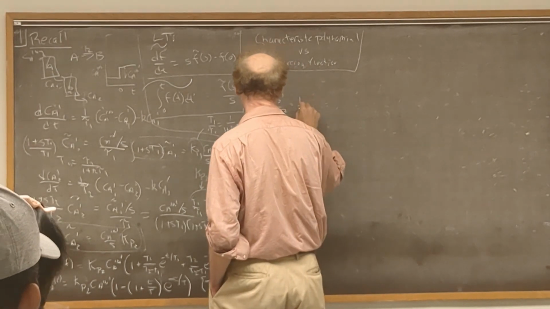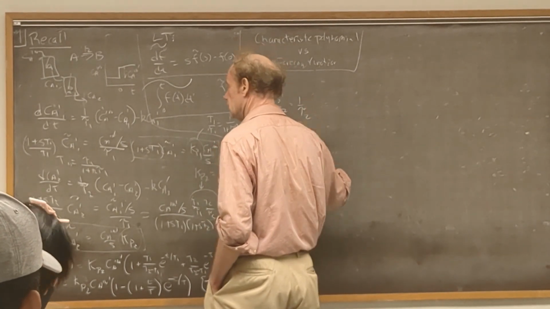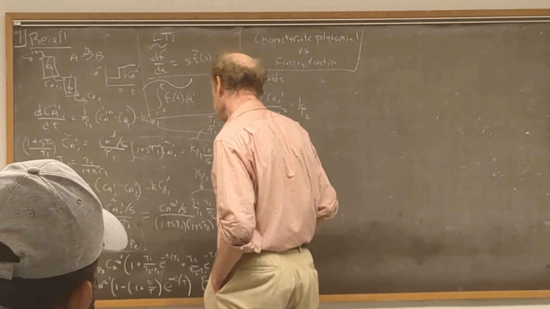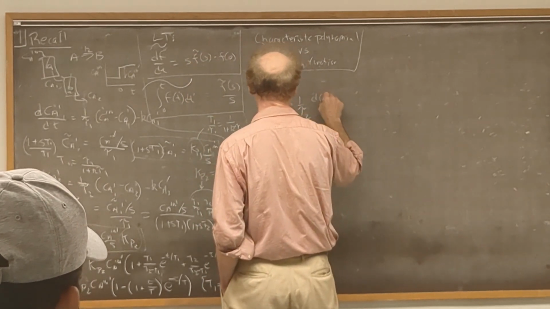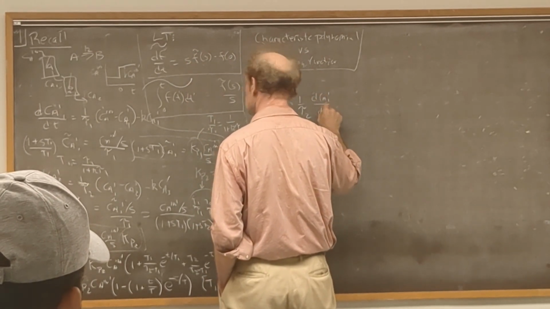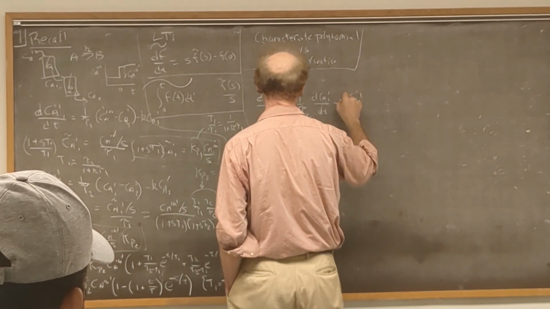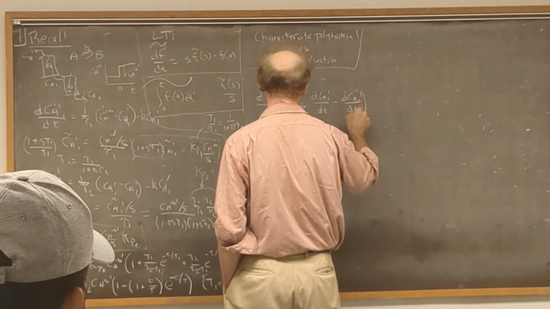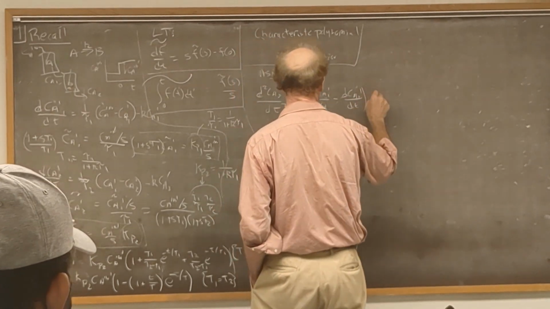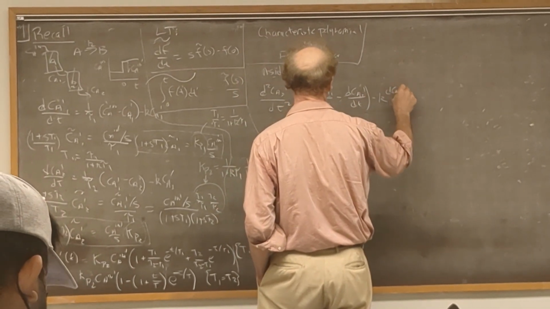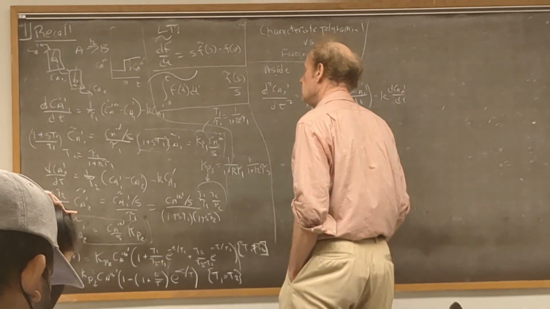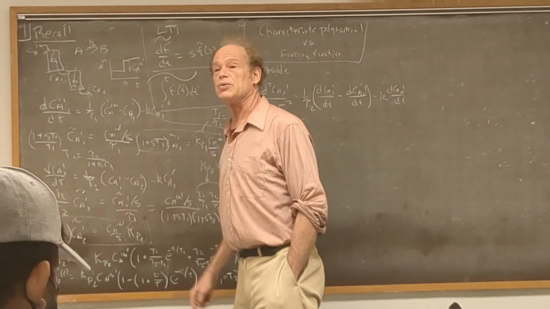I get 1 over tau 2 times dCA1 prime dt minus dCA2 prime dt minus k dCA2 prime dt. So all I did is I took the derivative of this equation.